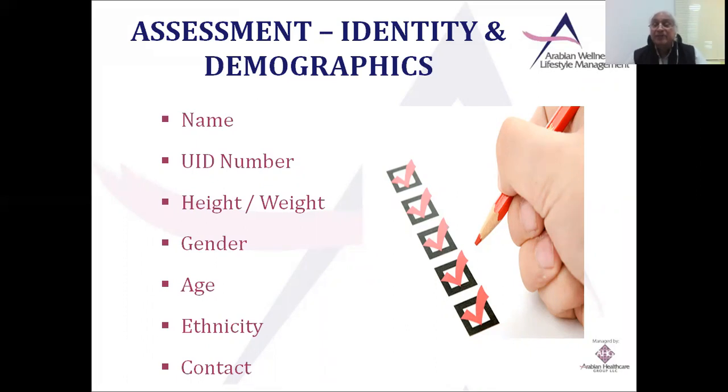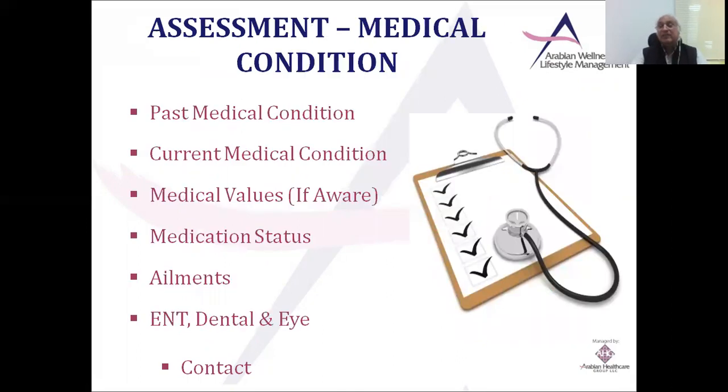Your ethnicity would mean, are you European? Are you Asian? Are you African? Because this will help us to identify your BMI variables and so on and so forth. We ask for contact because in case we detect some error or we need some information, we would get in touch with you and ask you to update the information.